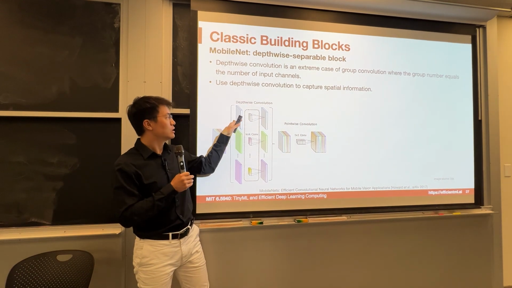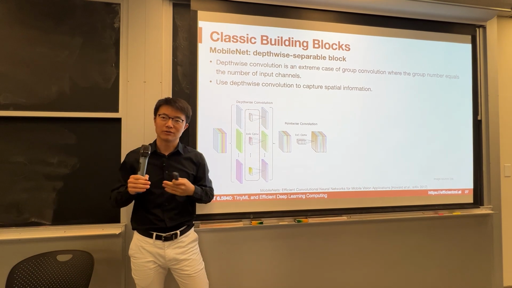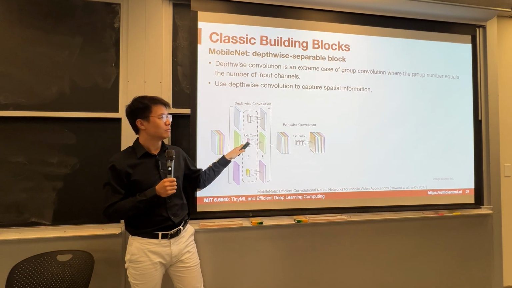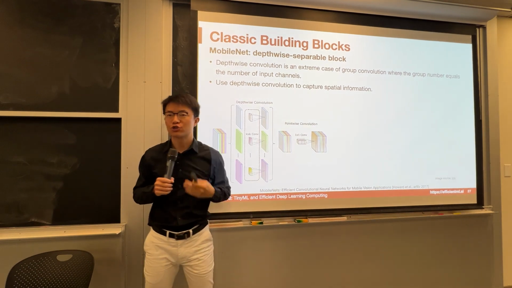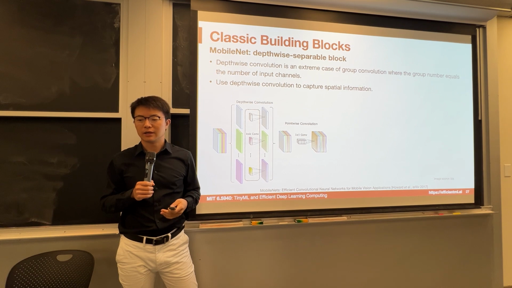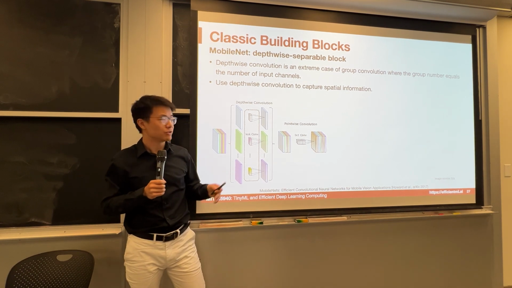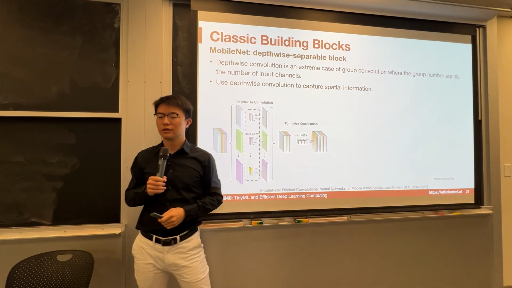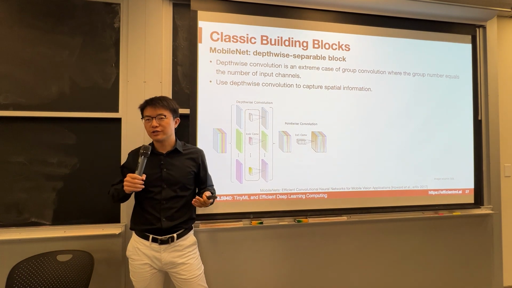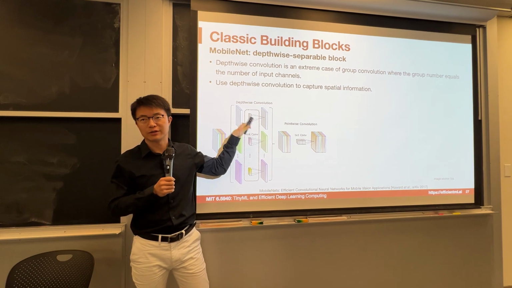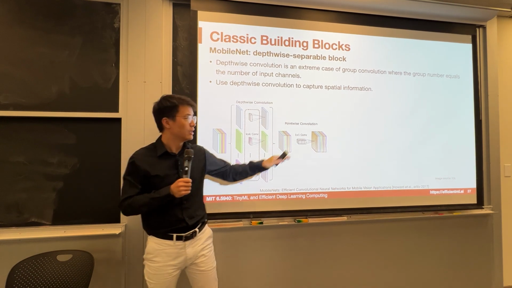In this case, the blue channel becomes a blue channel. There is no interaction between the blue and the green. But this 1x1 convolution serves as a messenger. You can imagine it's a messenger that mingles all these channels to the output, but it has no spatial modeling capability. Spatial modeling is purely done by this 3x3 depth-wise conv.